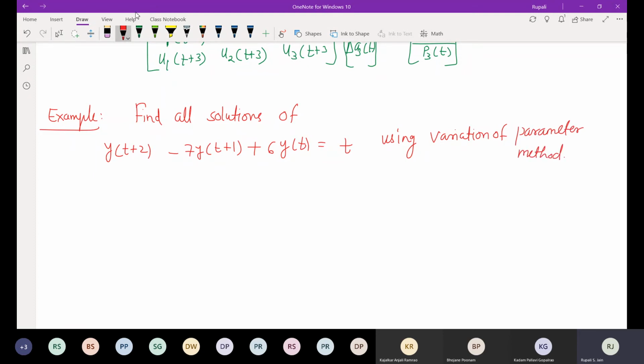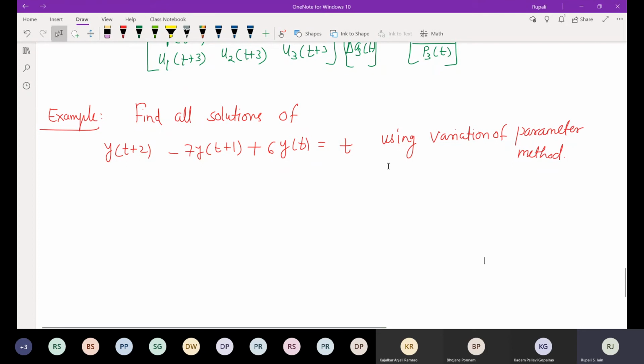We want to find the solutions of this. Already we have solved this by the annihilator method in the previous lecture. So now we have to solve using variation of parameter method.